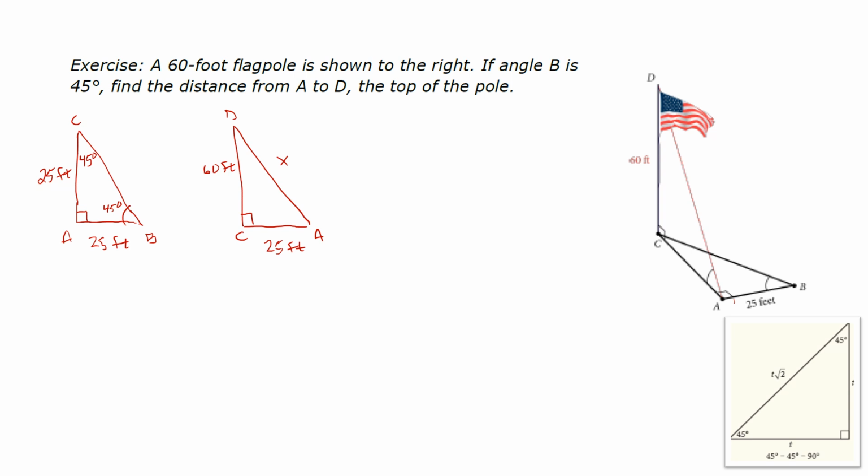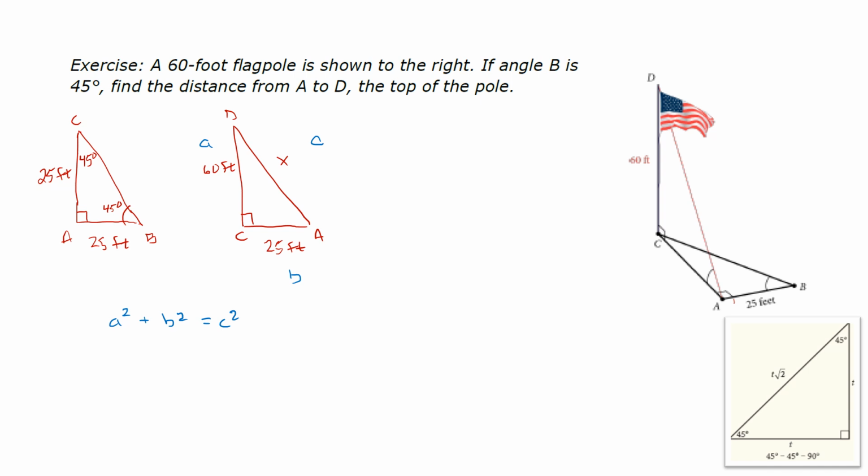The length across from the right angle is the hypotenuse, so that's C, and our other 2 legs are A and B. So using the Pythagorean theorem, A squared plus B squared equals C squared.